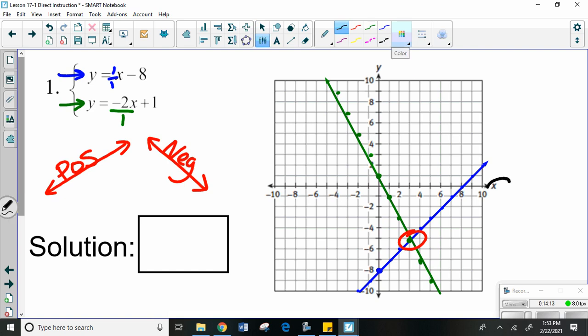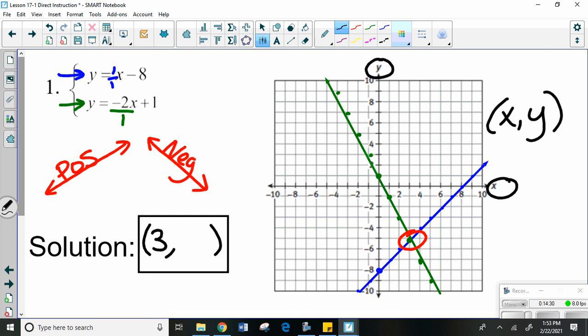Remember, your x coordinate comes first and then your y when you're writing your solution point. So in and out of my elevator. So I go over to 3, down to -5.